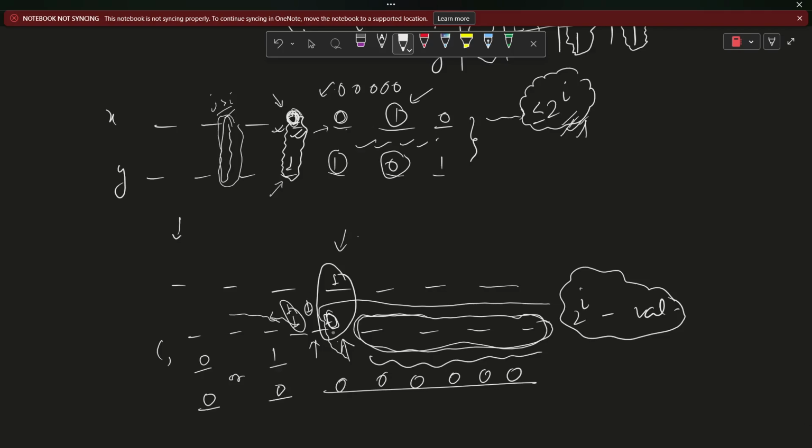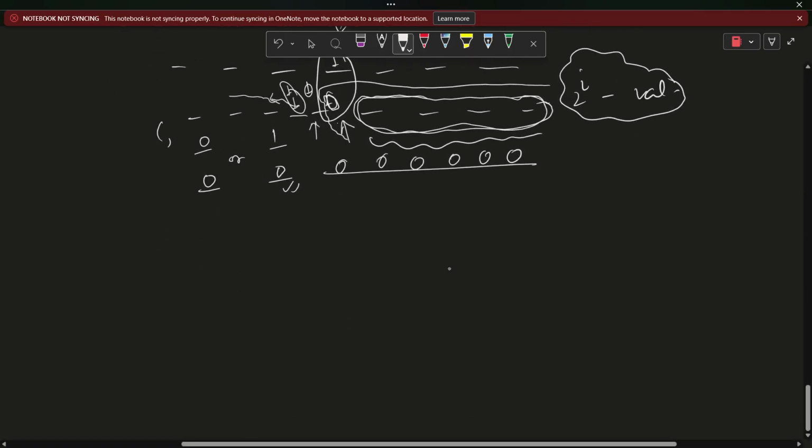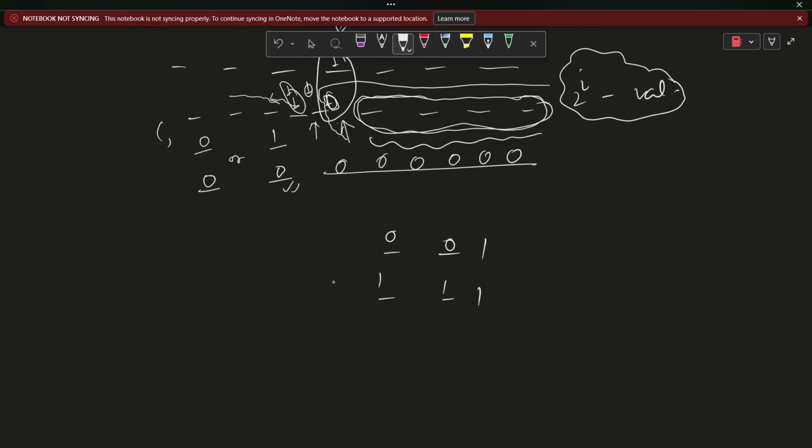So let's analyze these two cases independently. Let me write it again. Let's say there was a 1, there was a 1, here was a 0, here was a 0.